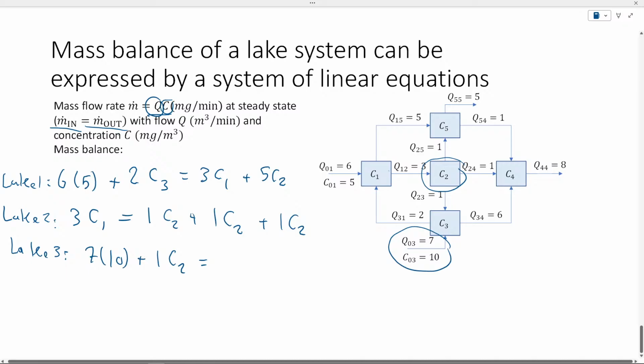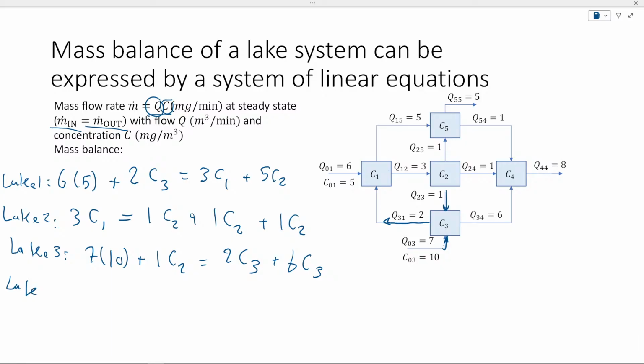That is equal to what? This guy's coming in, this guy's coming in. And what is leaving? I have 2 of C3 leaving, and I have 6 of C3 leaving.